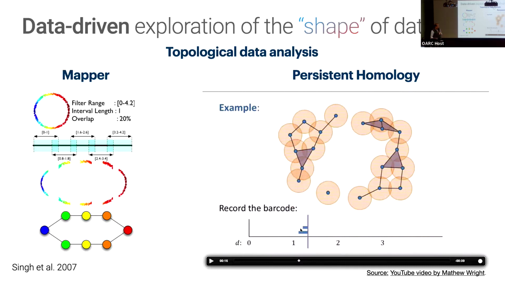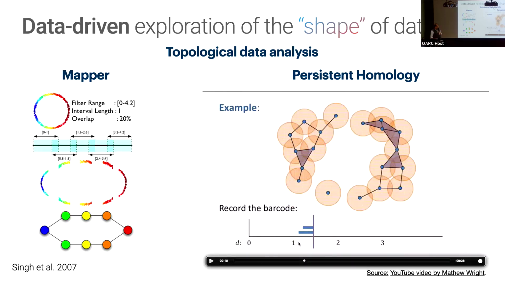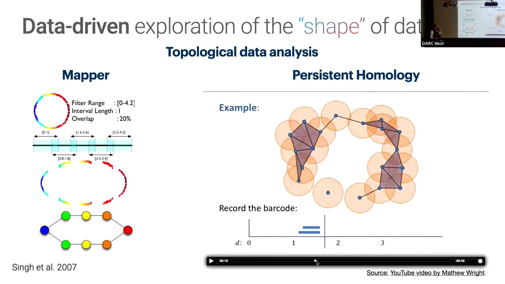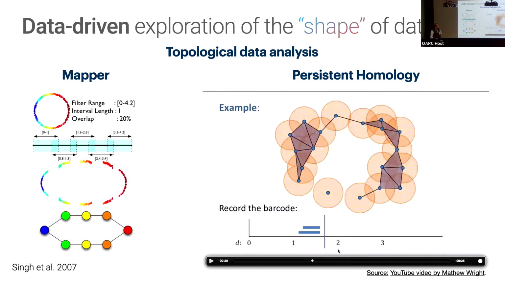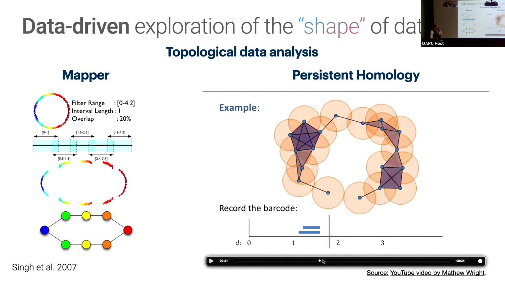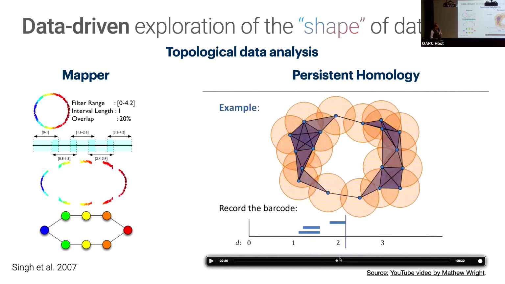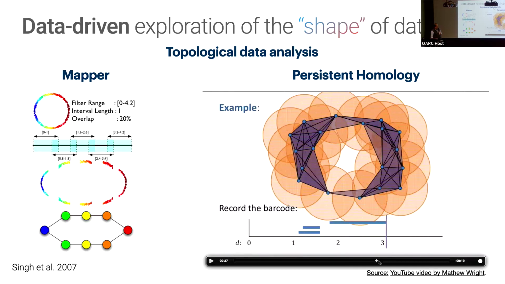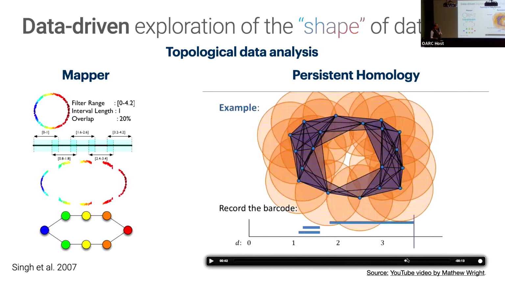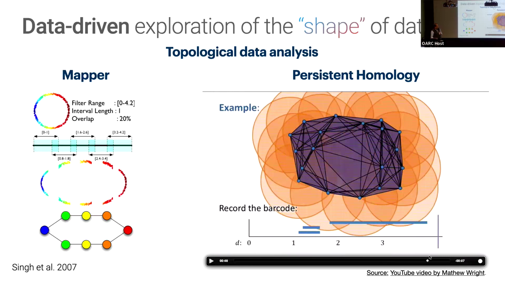At this point, two components exist and they will live for a while. The x-axis is the diameter of the ball that we're expanding. At a certain point, these two components that were here disappeared and only one component is alive, and that's the whole loop. That big component stays alive for the longest duration of the radii. You keep expanding the radii, and at one point this will also die.